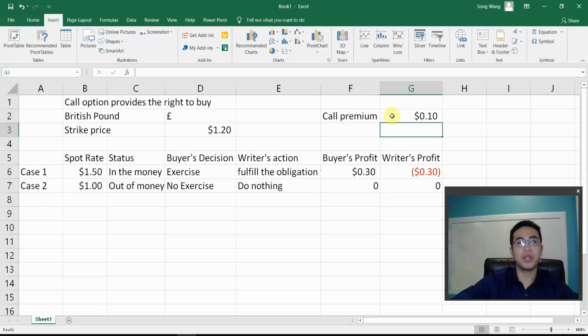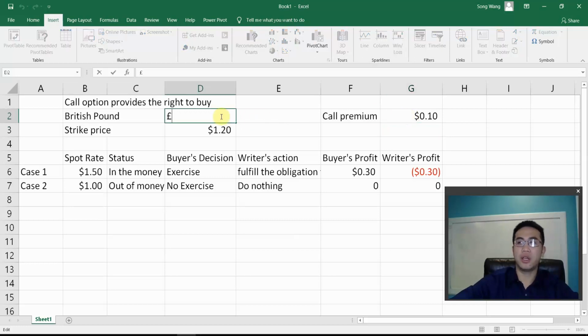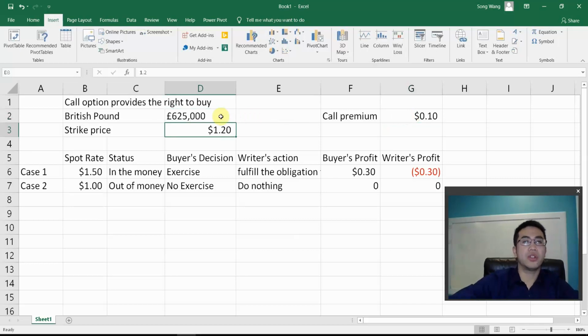For each British pound, the buyer would need to pay 10 cents. And it's not just 1 British pound we're trading. Essentially, we are talking about 625,000 British pounds per contract. So that's a large size for one option contract.